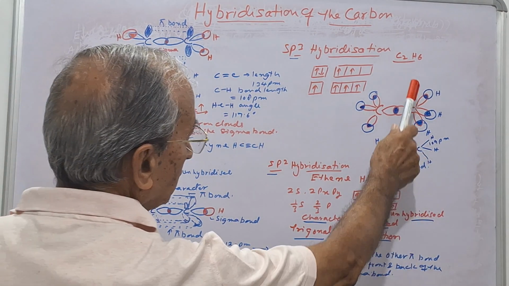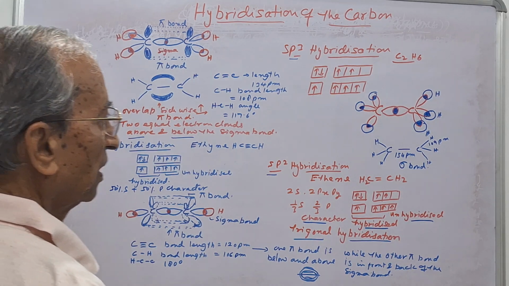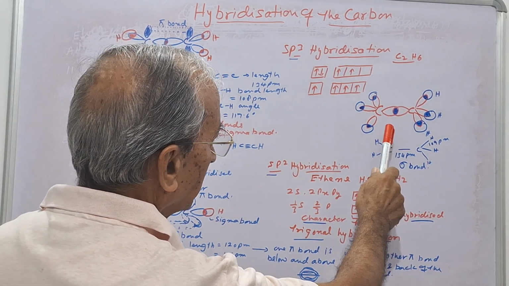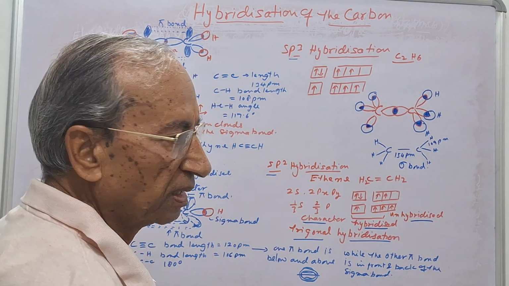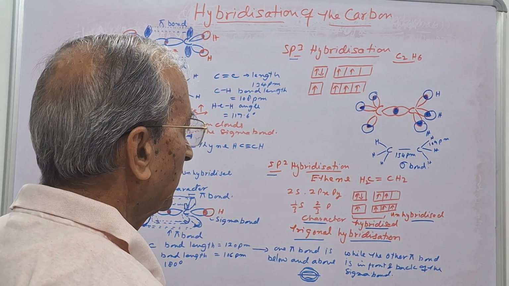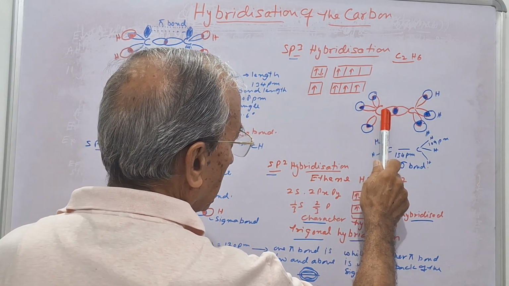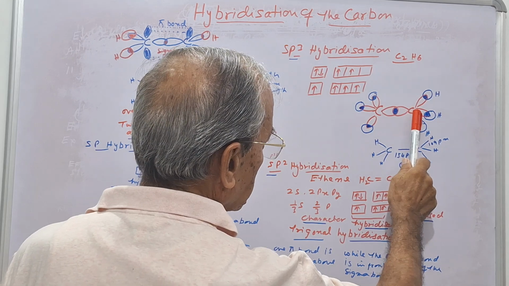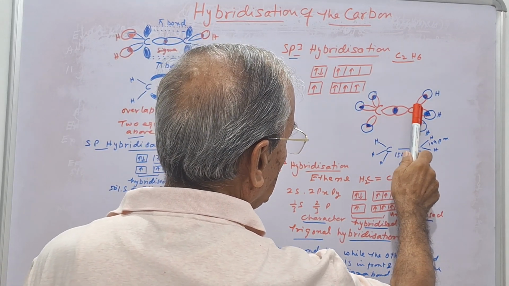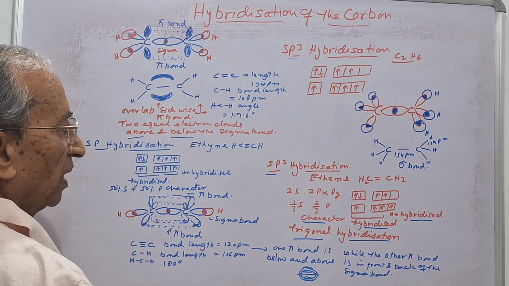Now see how the ethane formation takes place. As all the 4 orbitals have the same energy, one hybridized orbital of one carbon overlaps the hybridized orbital of the other carbon, forming a sigma bond.